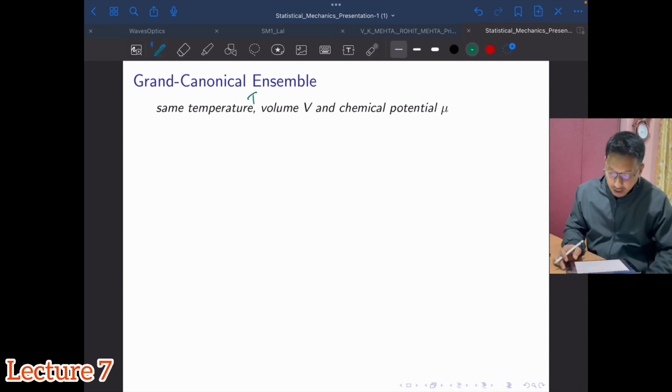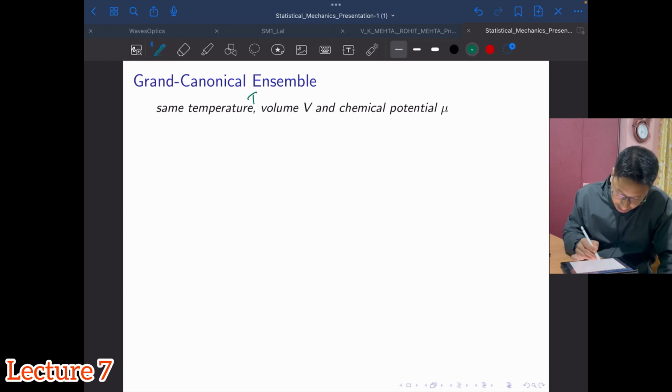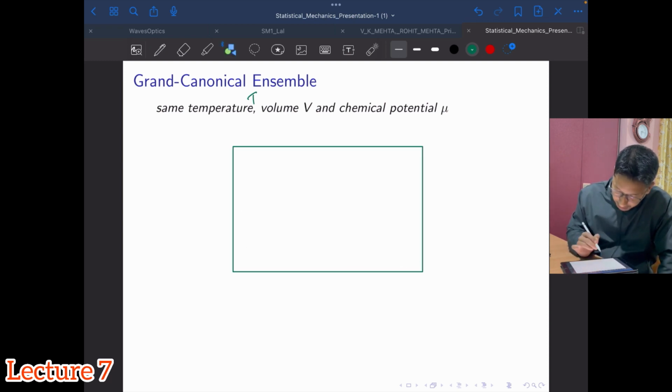You can think about the small system that we have within. Now I will draw probably one or two systems.